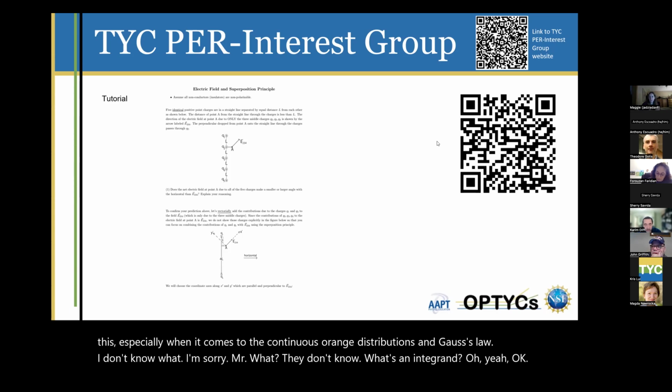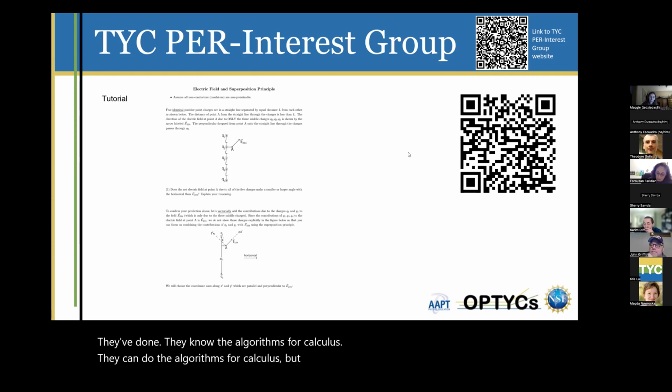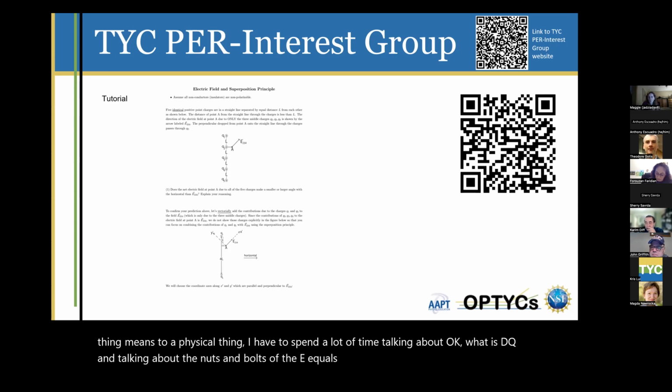They know the algorithms for calculus. They can do the algorithms for calculus, but when it comes to actually applying what that thing means to a physical thing, I have to spend a lot of time talking about, okay, what is dq? And talking about the nuts and bolts of E equals integral k dq over r squared, r hat.